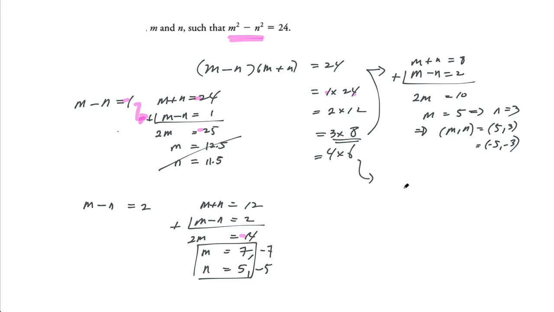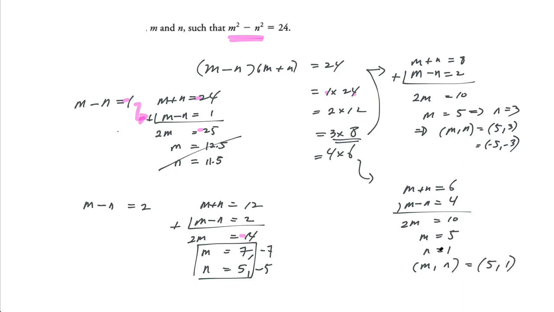Okay, lastly, if m plus n is 6 and m minus n is equal to 4, m is 5. Okay, if this is 5, n is 1. Okay, so it could also be the minus versions of those as well.